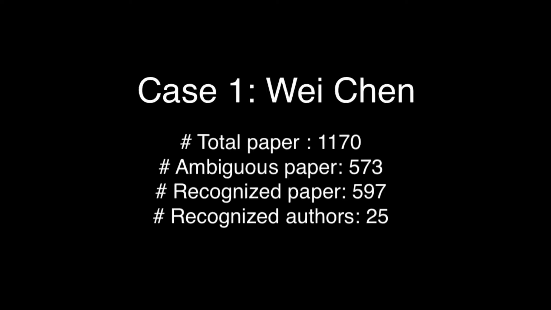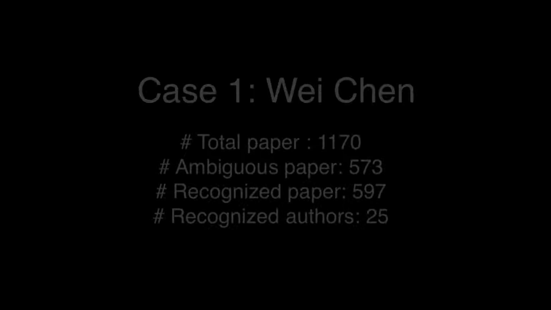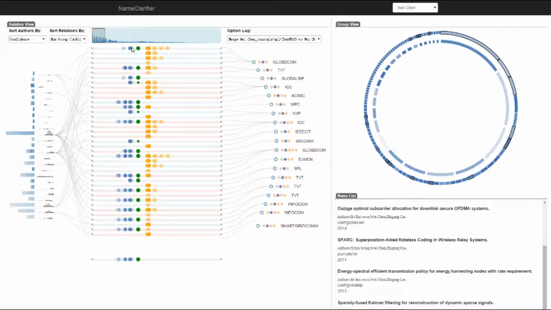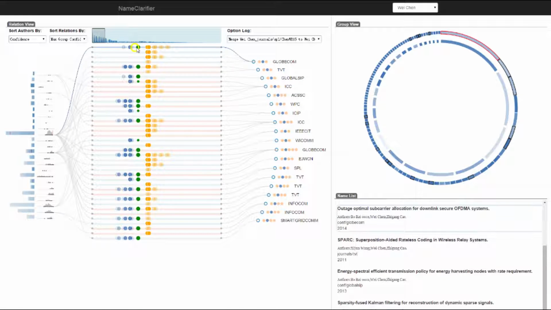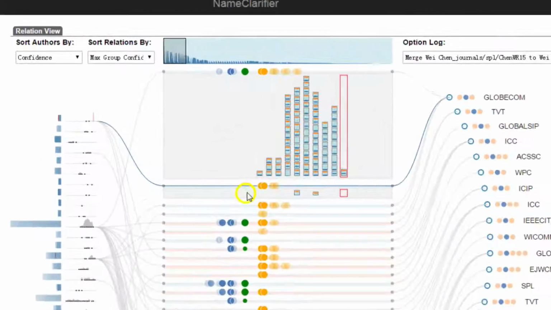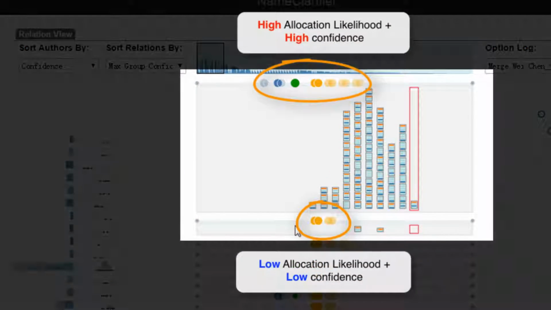We demonstrate the combined effect of allocation likelihood and confidence Venn glyphs. We see here the first comparison link has more saturated Venn glyphs and a large green circle.